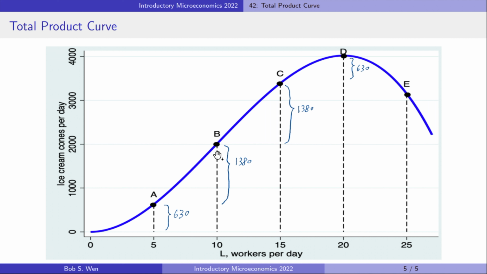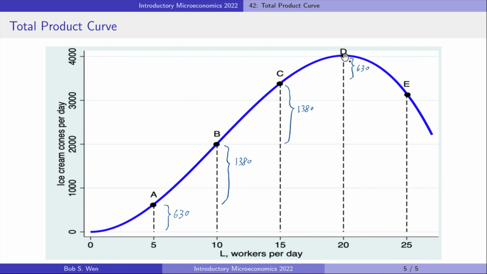We can calculate the marginal product of labor for each 5 more workers. We can see how the marginal product of labor changes with labor. The marginal product of labor increases at the beginning and then reduces later. The corresponding total product curve increases at an increasing rate at the beginning and then increases at a decreasing rate later.